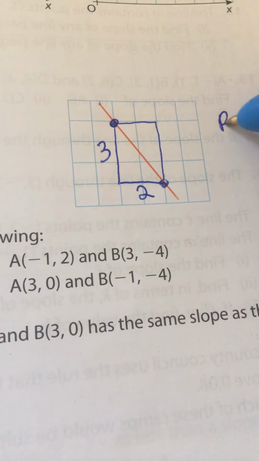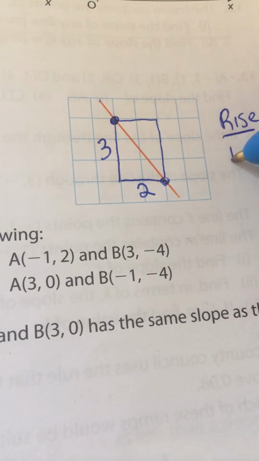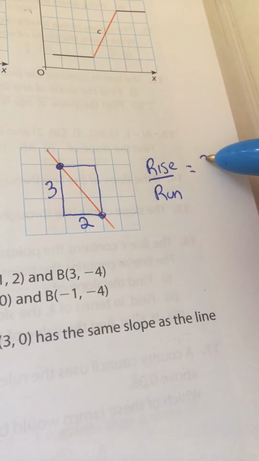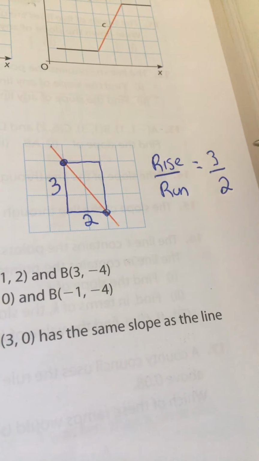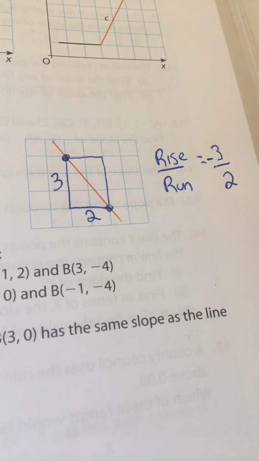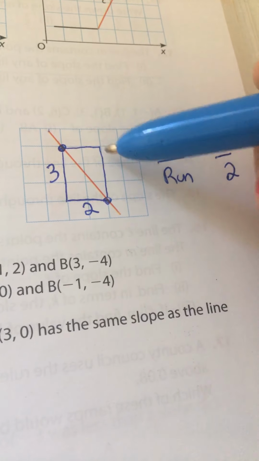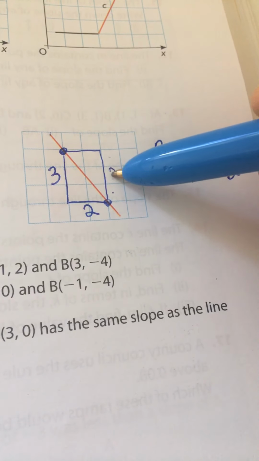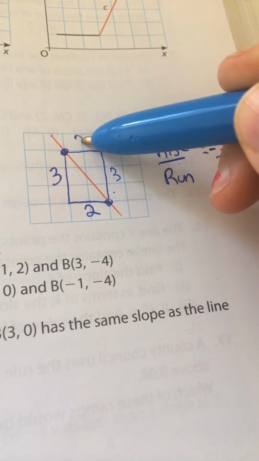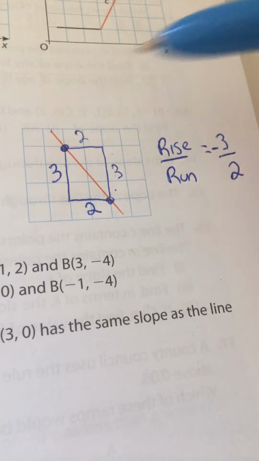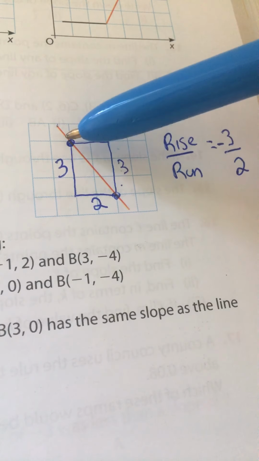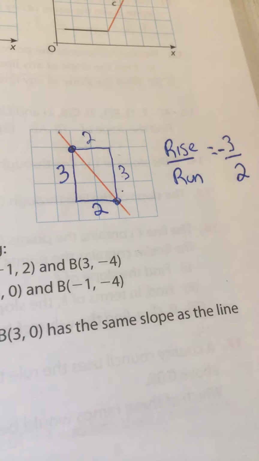So rise over run equals 3 over 2. And don't forget this is a negative slope, so we'll put a minus in there. Let's just double check the rise on this side. 1, 2, 3, yep. And the run, meaning how far out it goes, 1, 2, yep. 3 over 2, same way. So it doesn't matter which side of the line you draw the triangle. What does matter is that the 2 points you choose are 2 points where the two blue lines cross over.